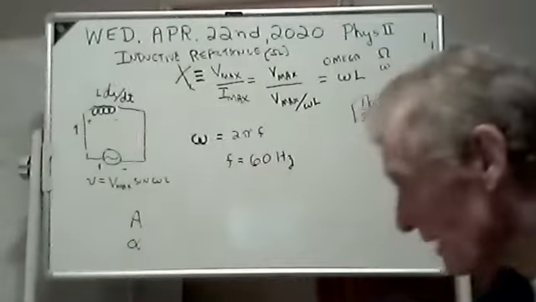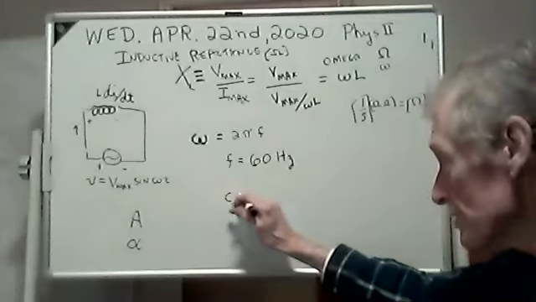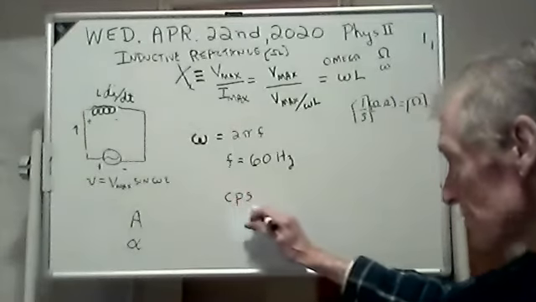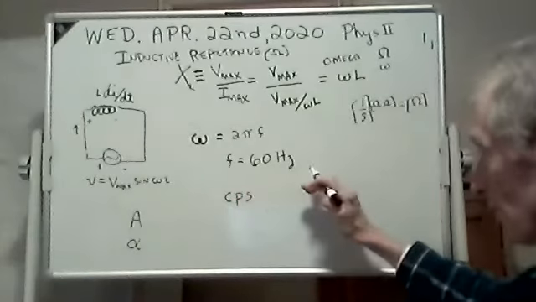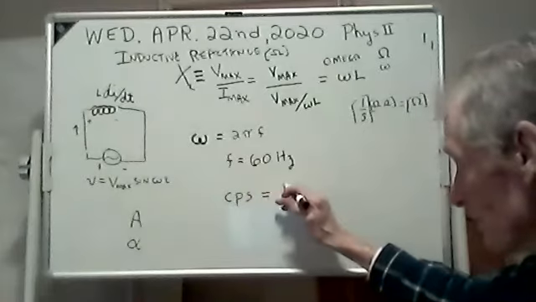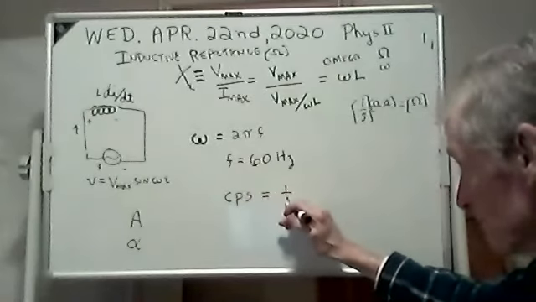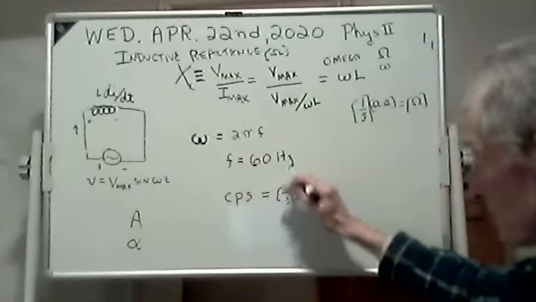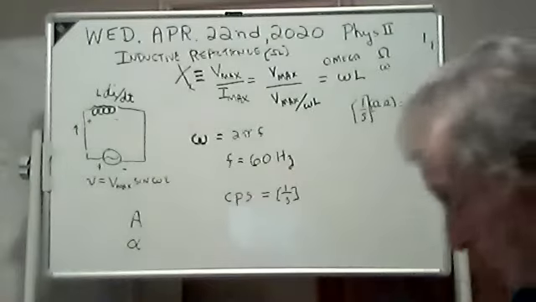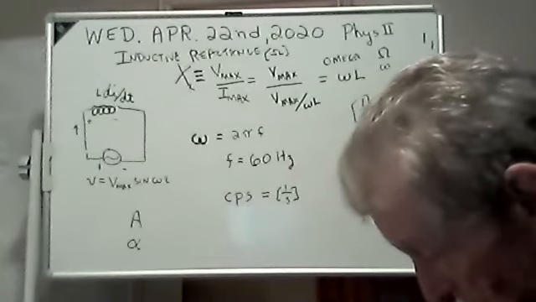And I bet you've heard that before. CPS, cycles per second, but it's the same thing. All it is is one over seconds. A hertz is 1 over seconds. 60 hertz is 60 cycles per second.